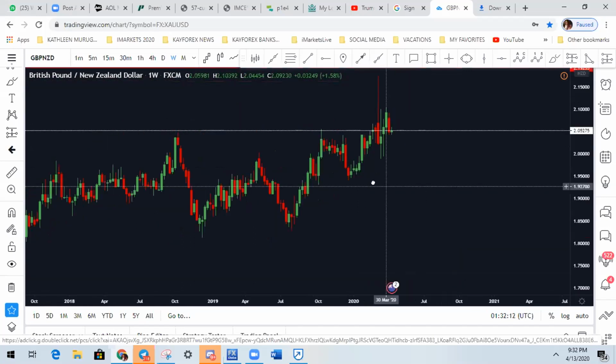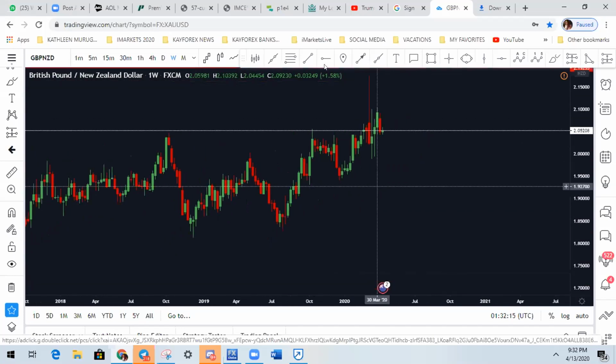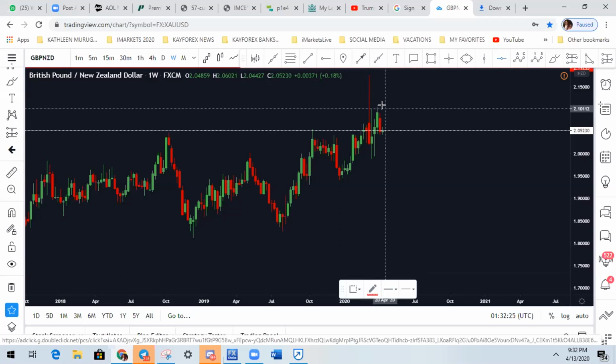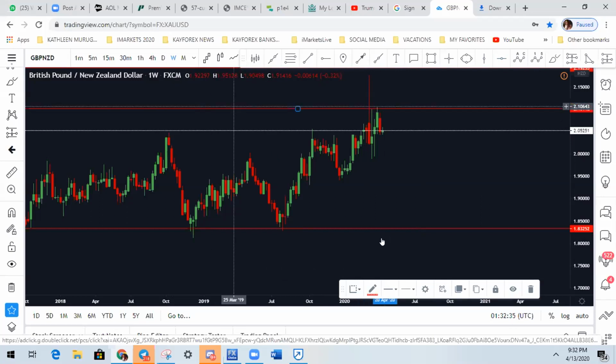So generally, we can see that we can just mark this area here, the top and this bottom here, that's for the weekly. And sometimes if you don't want to get confused, you can change the colors.